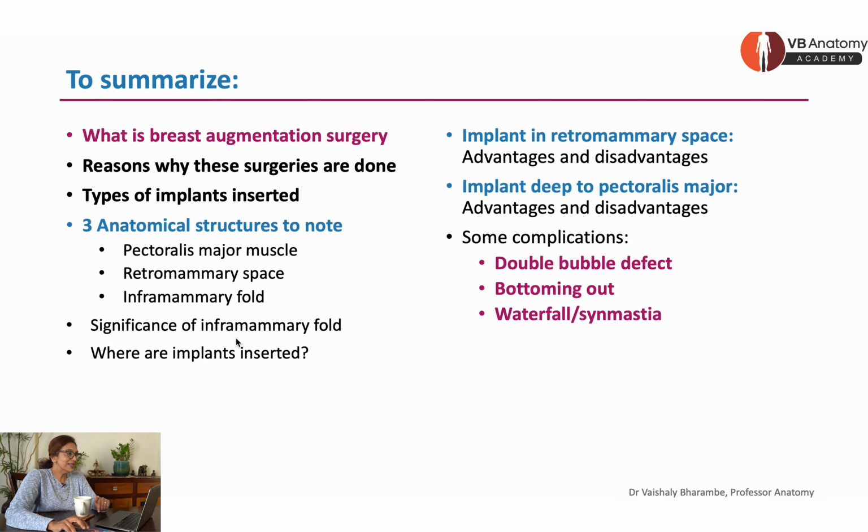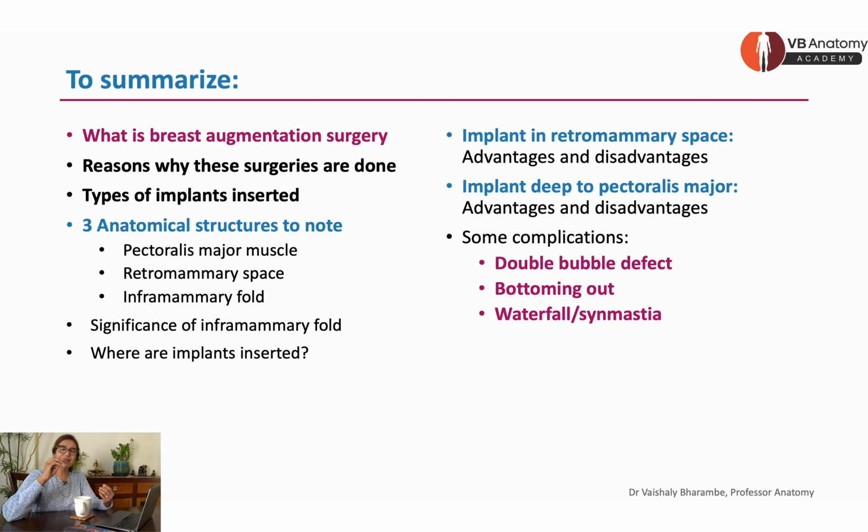Okay, so this is all the anatomy you should know for understanding implants or in the mammary gland. So this is all that we have discussed. So to summarize, what have we discussed today? We've discussed what is breast augmentation surgery. We have discussed the reasons why these surgeries are done.